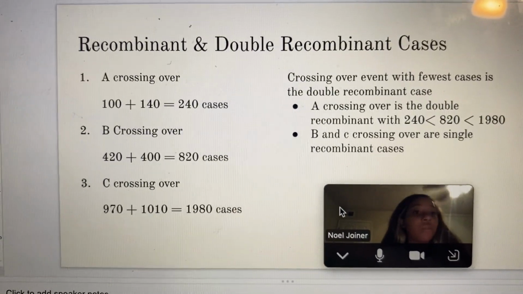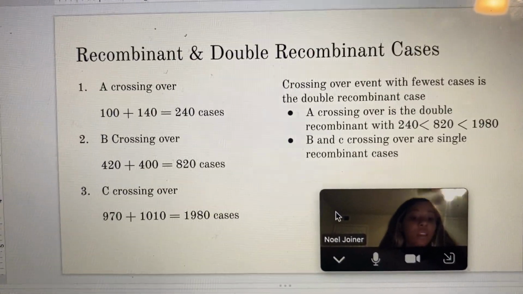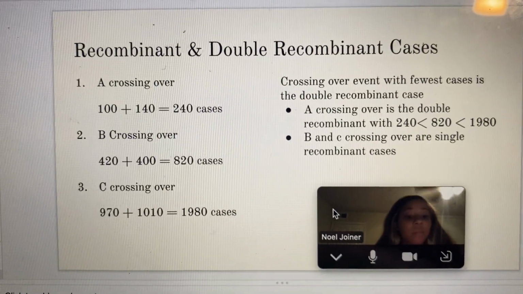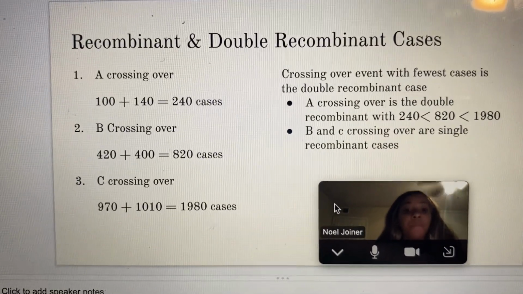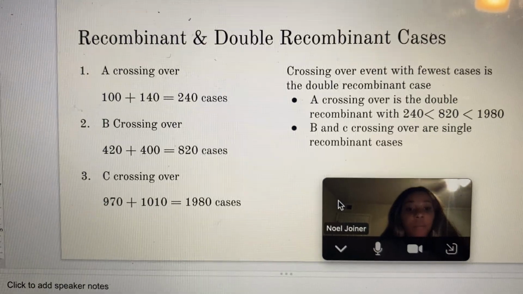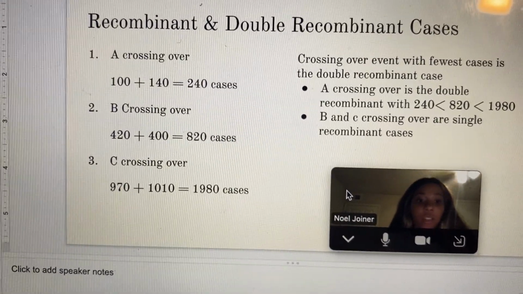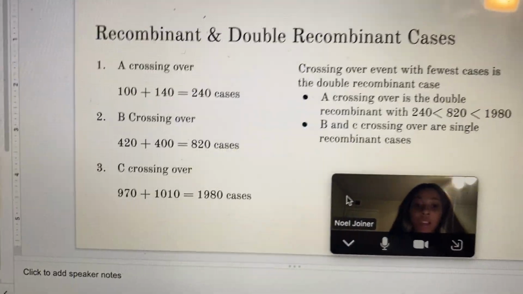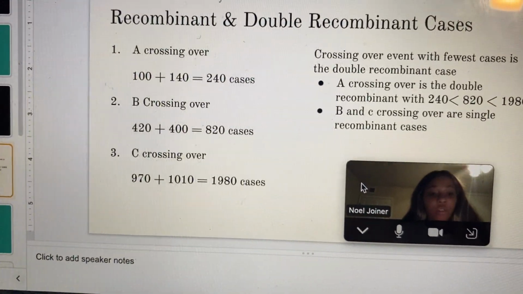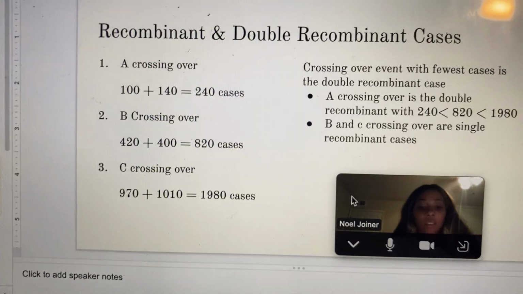The crossing over event that had the least cases is the double recombinant case, and it had A crossing over with a double recombinant, which 240 was the least, 820 in the middle, and then 1,980 at the most. And then B and C crossing over were single recombinants.